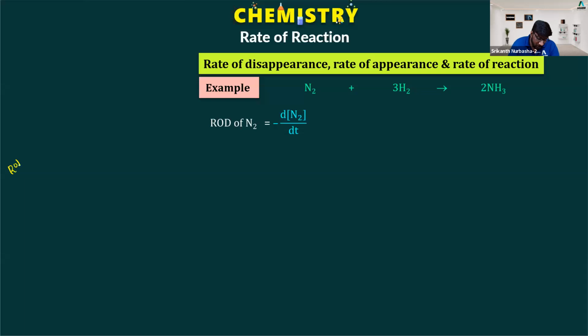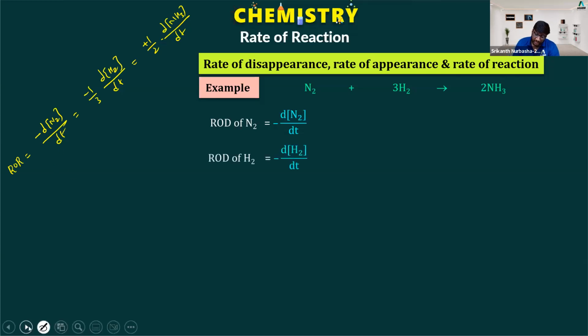Rate of reaction is equal to minus d concentration of N2 by dt, is equal to minus 1 by 3 d concentration of H2 divided by dt, that is equal to plus 1 by 2 d concentration of NH3 divided by dt. So from here again you can relate the same.